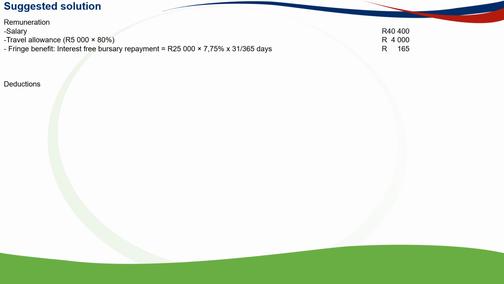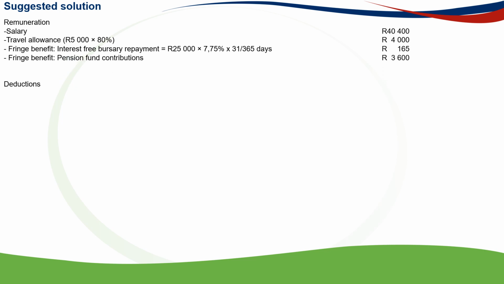And the fringe benefit for the interest-free bursary repayment, the amount is 25,000 Rand of the bursary, and we use SARS's official rate, which was given as 7.75% per annum, so that didn't have to be adjusted by adding 1% because it was already the official rate that was given, not the repo rate. And we have to apportion that for a month of December. It's 31 days in December divided by 365 days for the year. And that gives us an amount of 165 Rand.